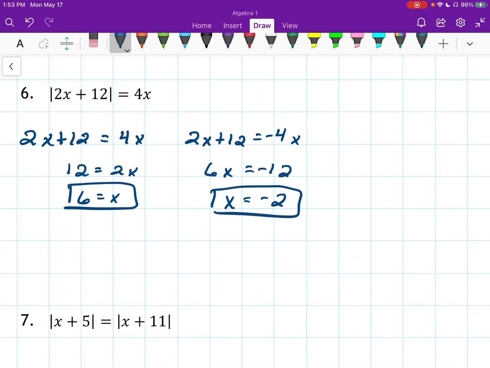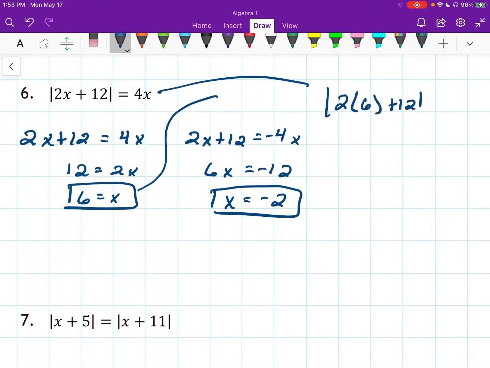Now, we need to plug back in and see if we can get a good answer. And I think I can already see which one's going to be bad. But let's pull this over here and we'll plug in the 6. So we'll have the absolute value of 2 times 6, plus 12 is 4 times 6. Well, 2 times 6 is going to be 12, plus 12 equals 24. Well, that's good.